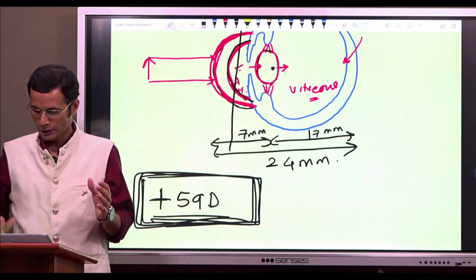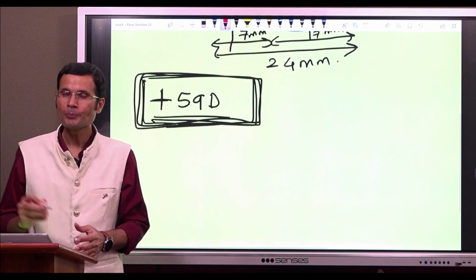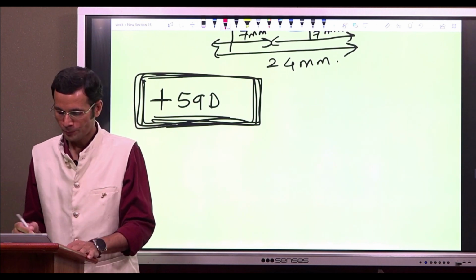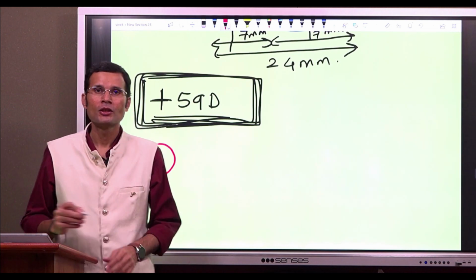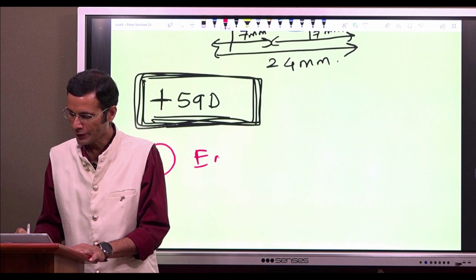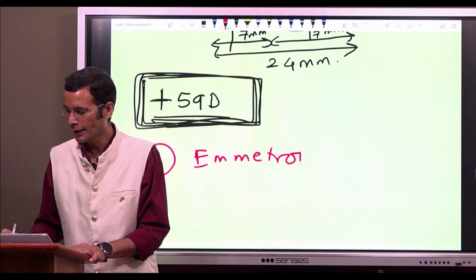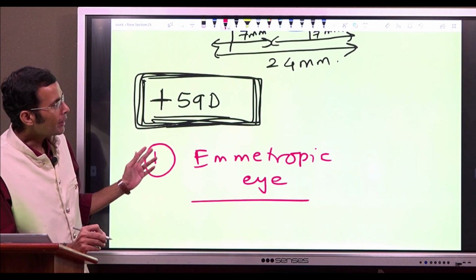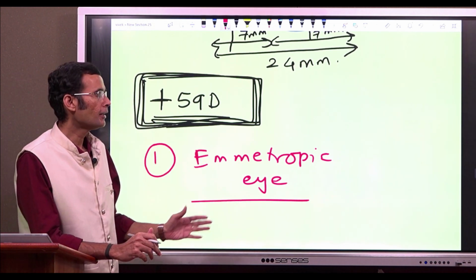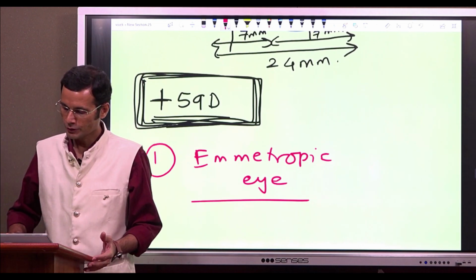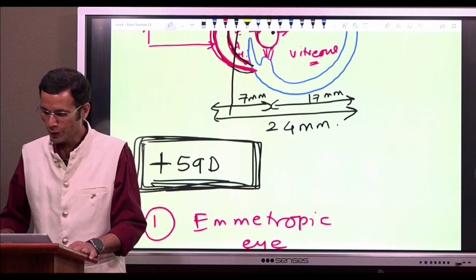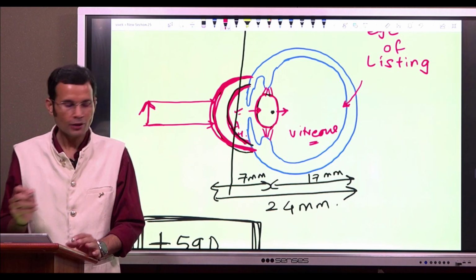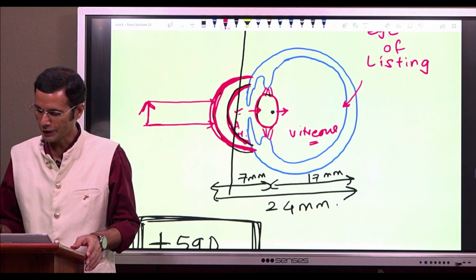So, let us also consider two more points. One is, what is emmetropia or an emmetropic eye? Emmetropic eye or emmetropia means the normal eye, in which the image formation occurs exactly on the retina.